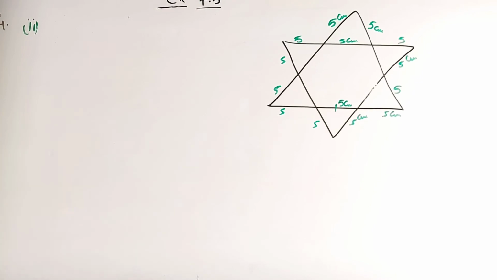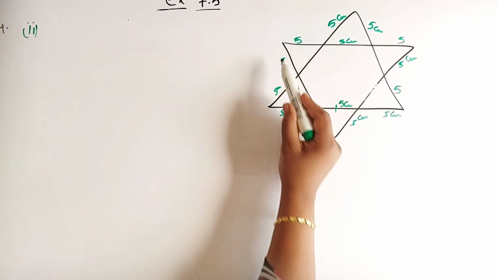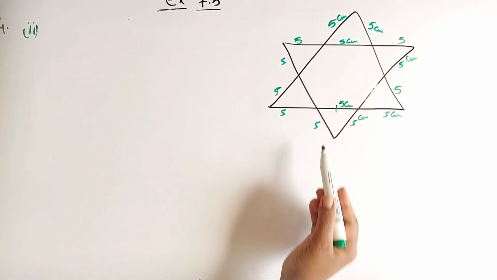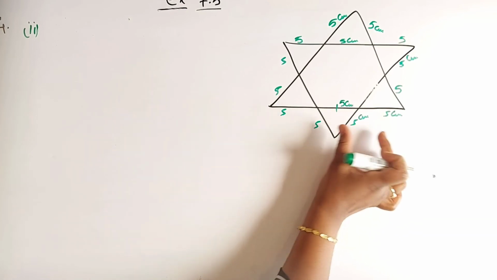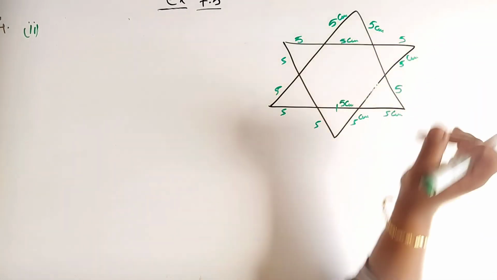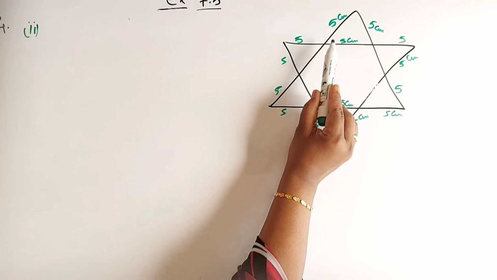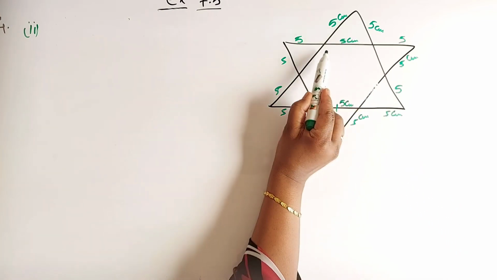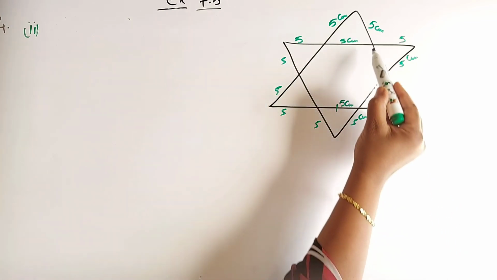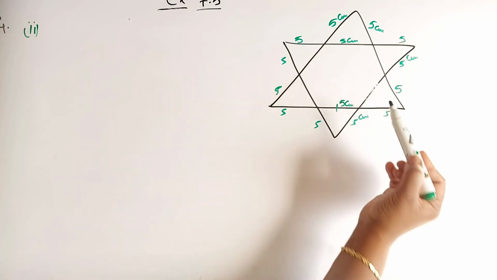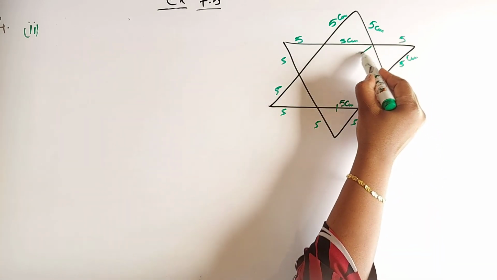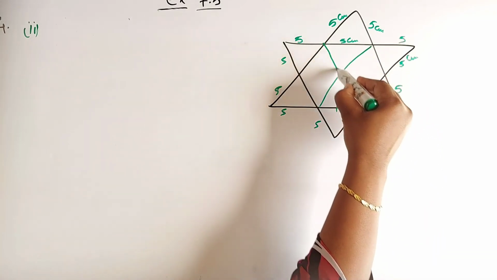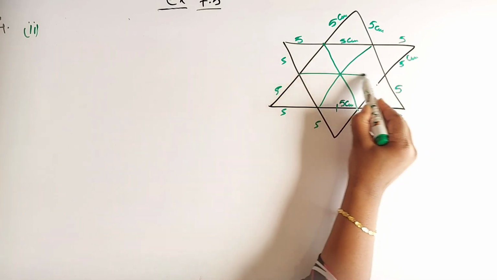Second one, the star, children. If you observe this one also is 5 centimeters, that means these triangles are equilateral triangles, right children? So do not disturb these triangles. Let us join these points, children, right? So from here to here and here to here, and these points.